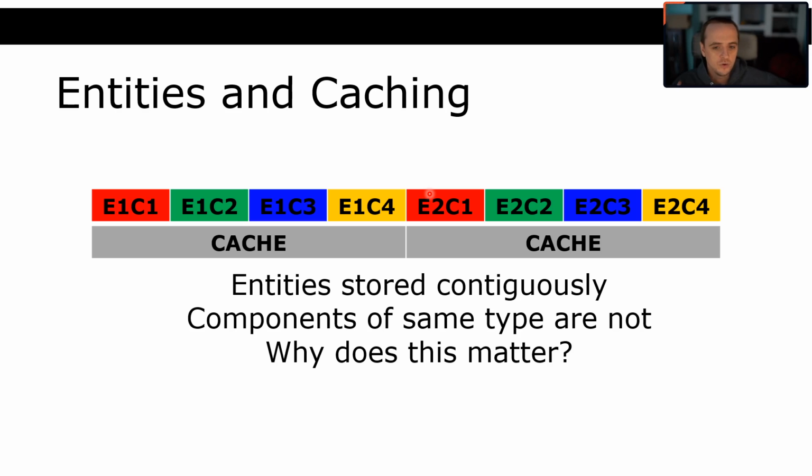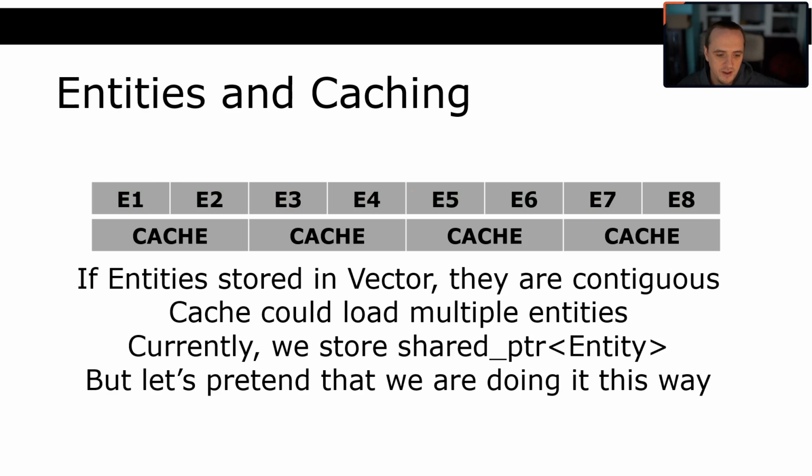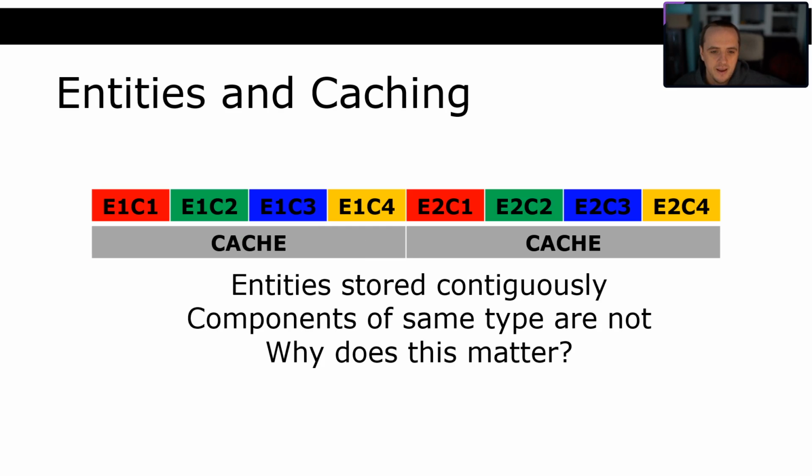Okay, so if we take this view of one cache line, one entity and another entity, let's zoom in on this. So here is that view, but zoomed in. What we actually have, if we look at entity number 1, because we're storing a tuple of the components, is component number 1 stored contiguously with component number 2, component number 3, and component number 4.